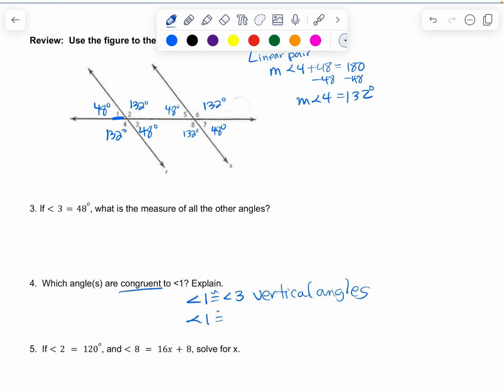Angle 1 is congruent to angle 5 because they're corresponding angles. And angle 1 is congruent to angle 7 because they are alternate exterior angles.